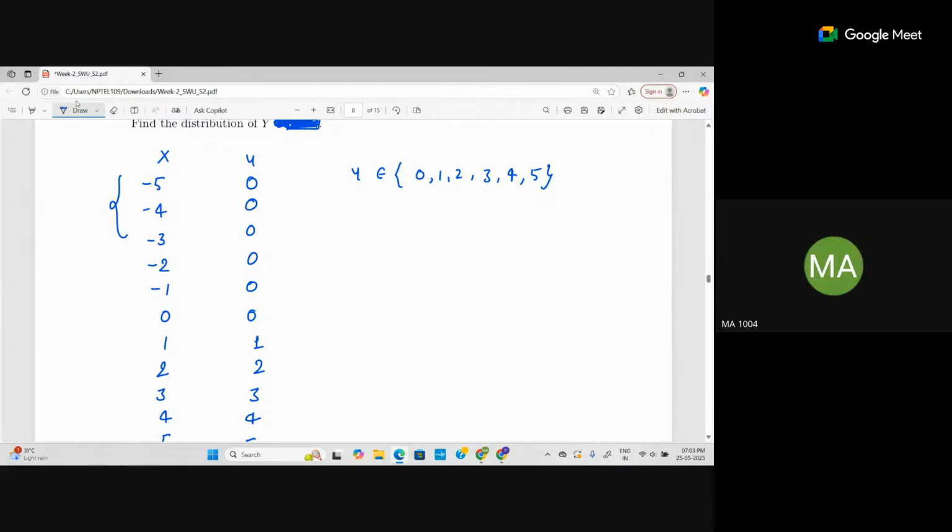When you add all the cases, it becomes 6 by 11. And 1 by 11 for the rest of the values of y. Sorry, 1 by 11.